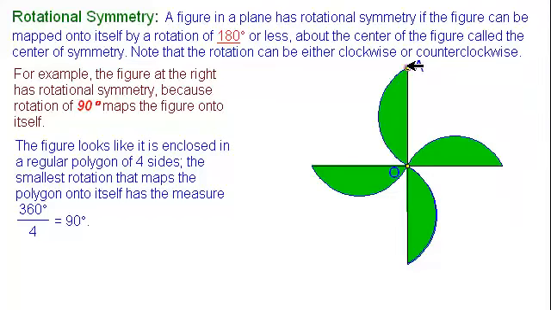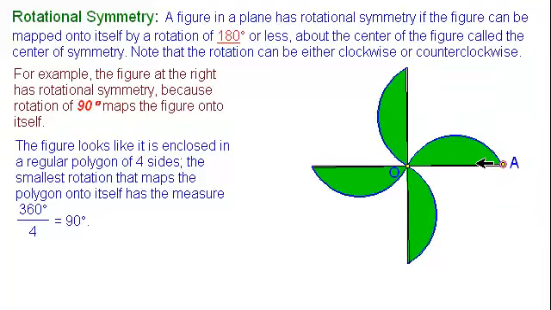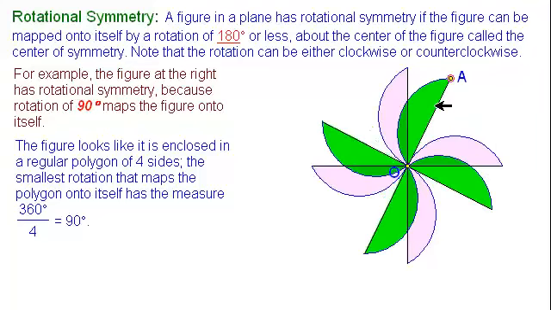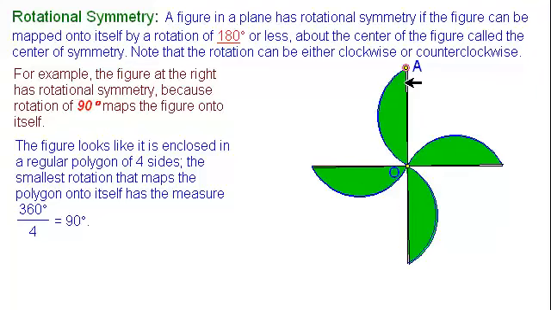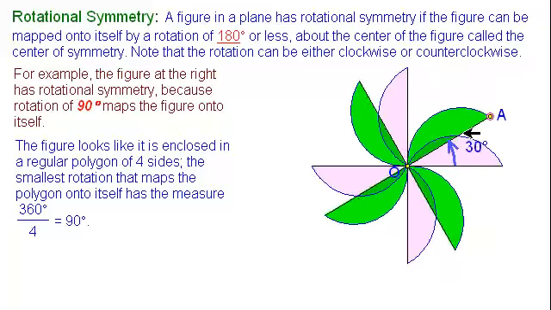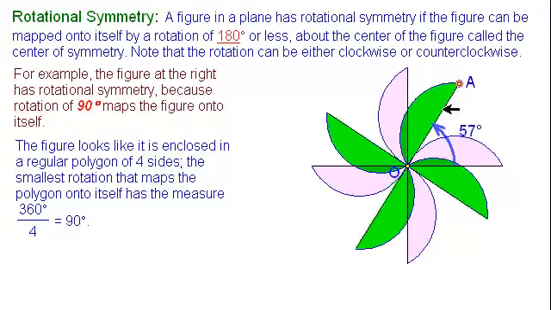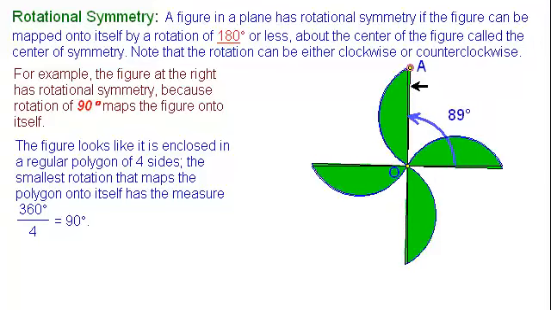When I rotate the green one, it overlaps again after making an angle of 90 degrees. Let us see the angle. This is the angle it makes. So the rotational symmetry of this figure is 90 degrees.